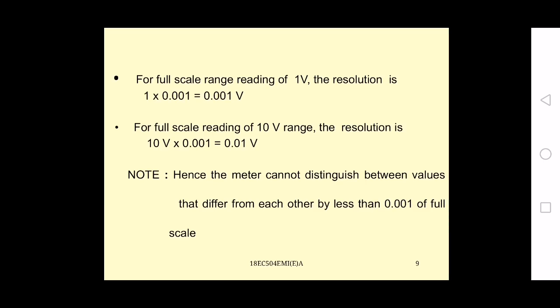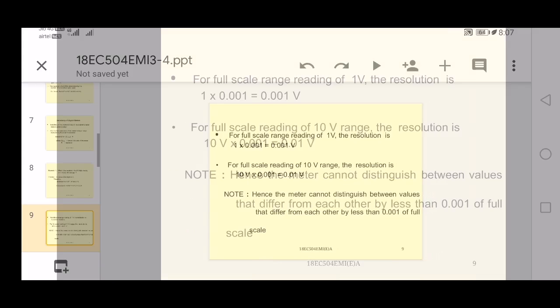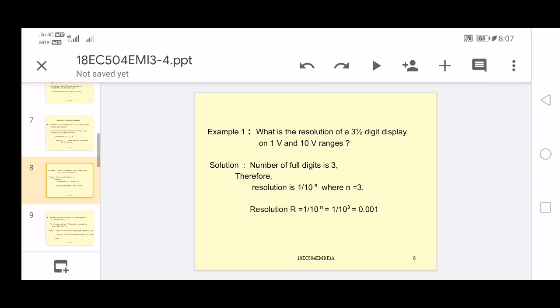So on a full scale range of 1 volt, the resolution will be 1 into 0.001. You can note down these values. So here you see, the resolution comes from the digits, that is 1 by 10 to the power of n, that is 0.001. So on a 1 volt scale and the 10 volt range, we will see what happens.